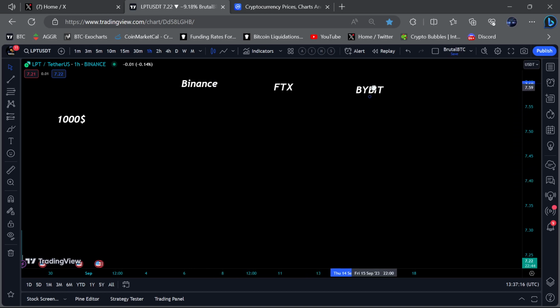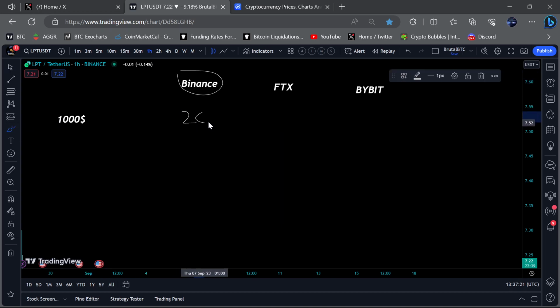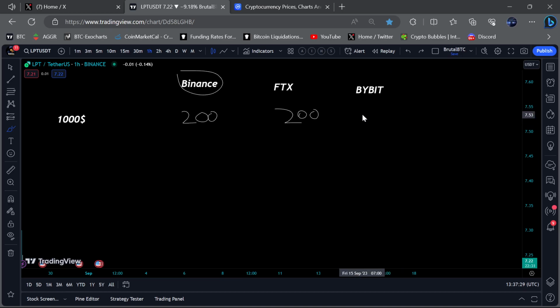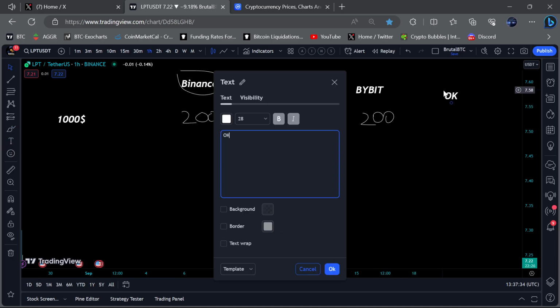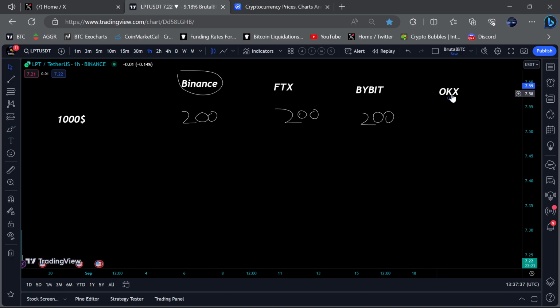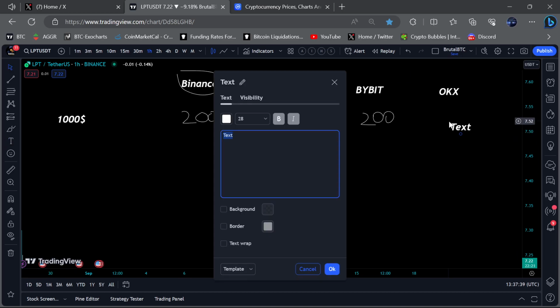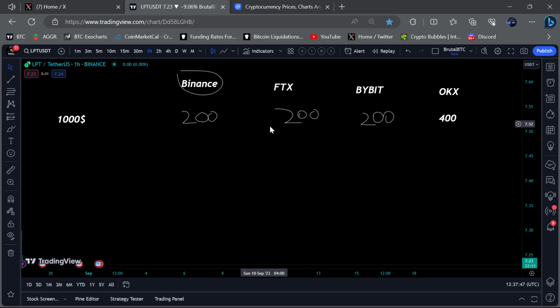So what you have to do is, you have $1,000, make an account on Binance, keep $200, and OKX, or $400. Now these are your diversifications, that you are keeping $200 in Binance.